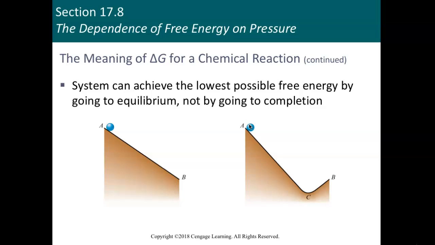So when you think about equilibrium, it's the condition where the rate of the forward reaction is equal to the rate of the reverse reaction. So this is the forward reaction, the ball's going down to B, and this is the reverse reaction. So if you would roll a real ball, it's going to roll back and forth until finally it's going to come to rest at C. All right, so C would be considered the equilibrium point.